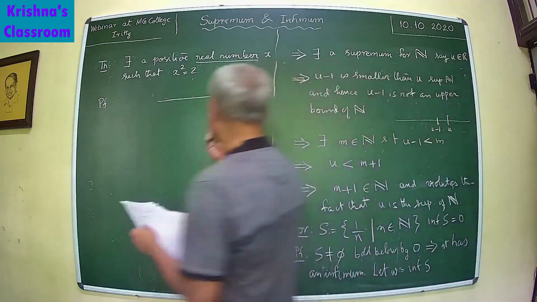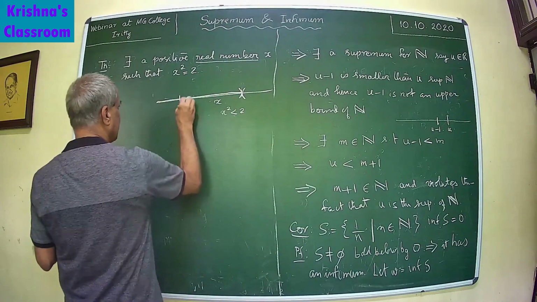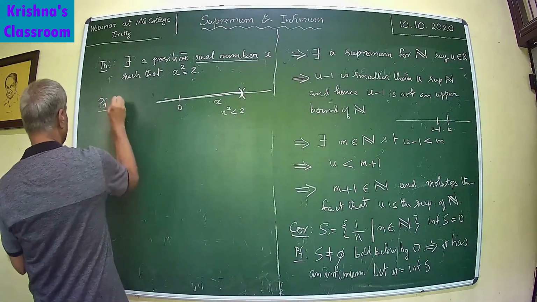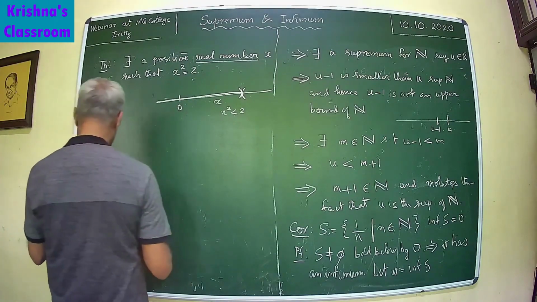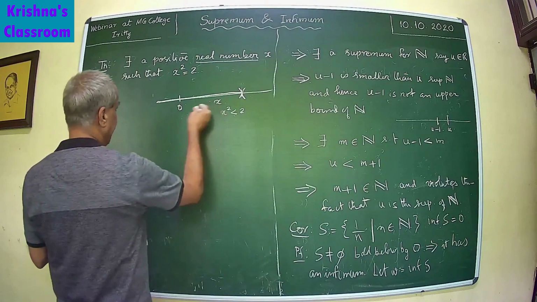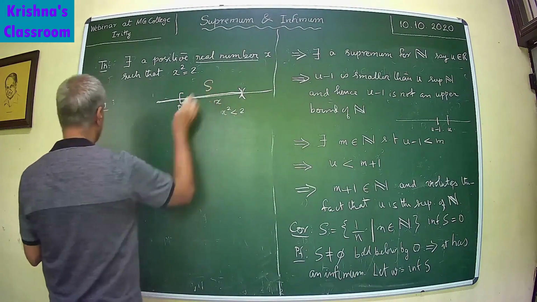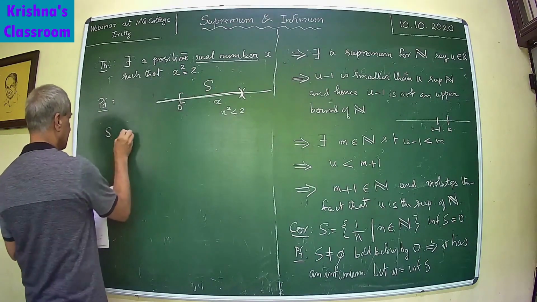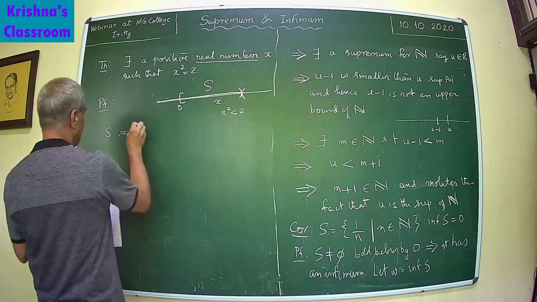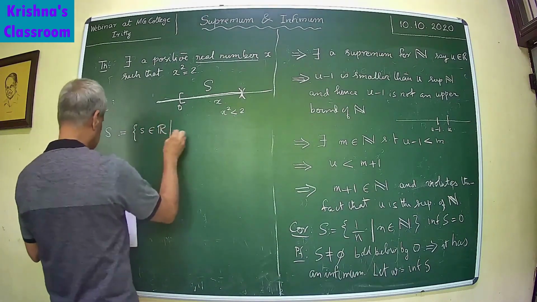So we start with that set. Define S to be the set of all x belonging to R such that x squared is less than 2.